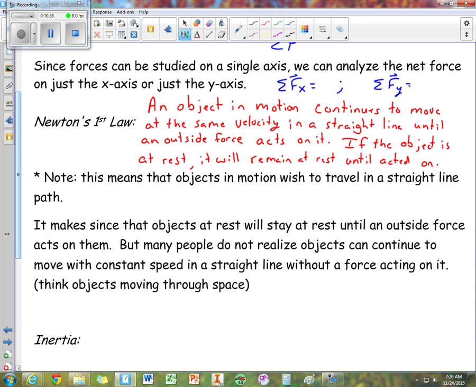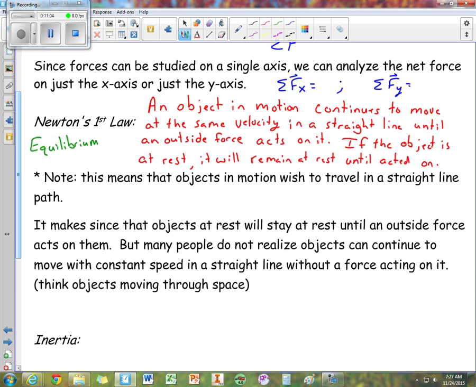And really, if you think about this, this all comes down to what we call equilibrium. In order for Newton's first law to work, the net force needs to be zero. Now, just because the net force is zero doesn't mean that an object has to be at rest.